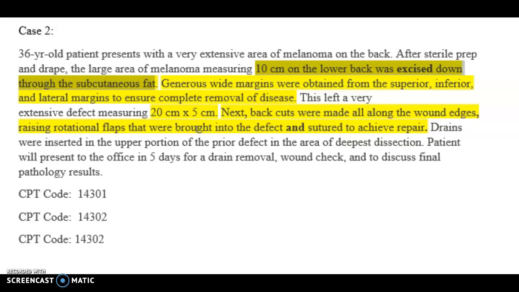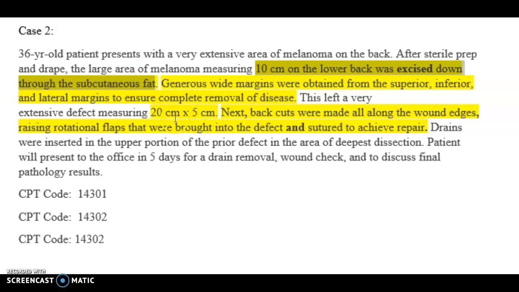multiply the measurements. So you take 20 times 5 to get the square footage and to get the area instead of adding them. So 20 times 5 would be 100. So we are going to look at adjacent tissue transfers for any area measuring 30 centimeters squared to 60 centimeters squared.